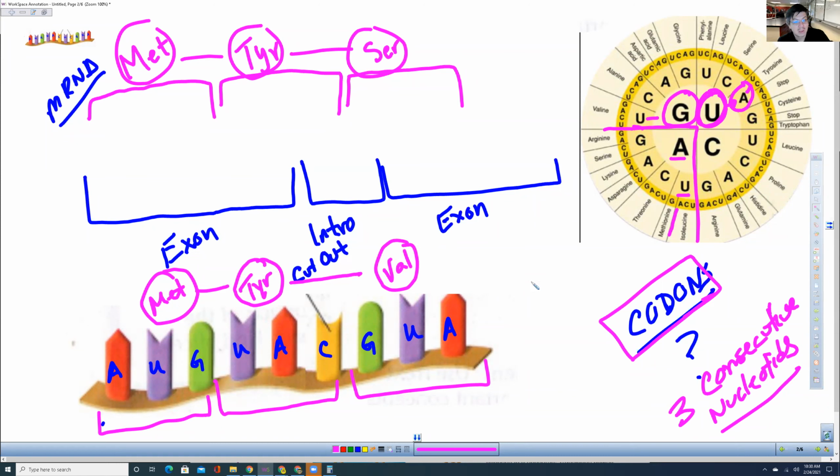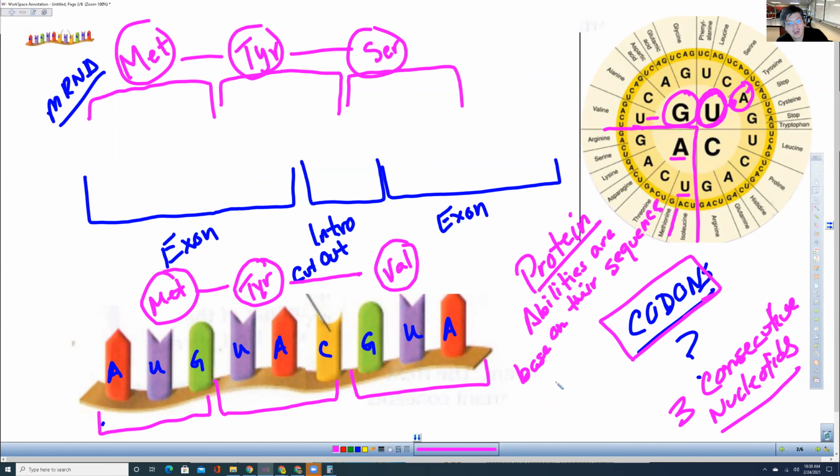And remember, write this down, guys. A protein's abilities are based on their sequence of amino acids.